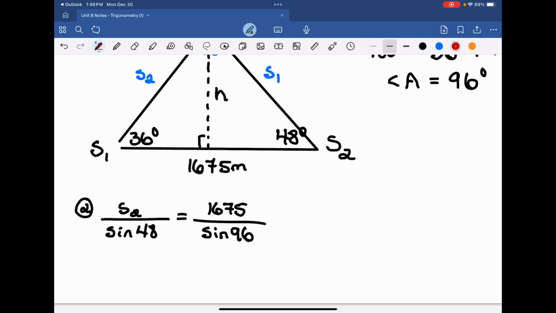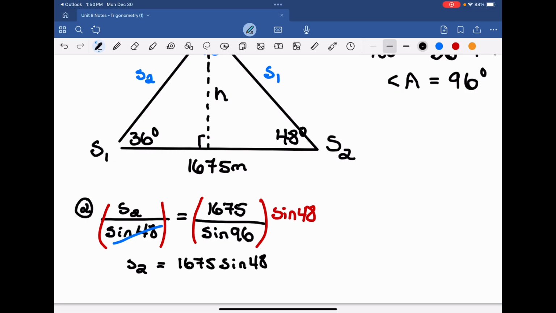What I'm going to do is multiply both sides by sine 48. That's going to eliminate sine 48 from the denominator, leaving me with S2 is equal to 1675 times sine of 48 divided by sine of 96.